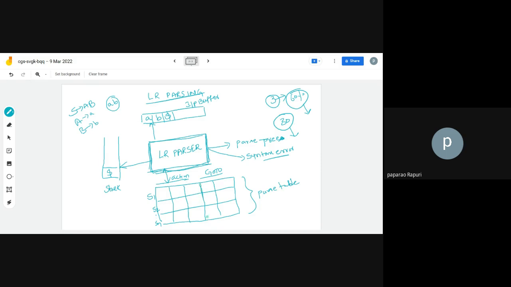Coming to the action part, you may have shift, reduce, accept, error.